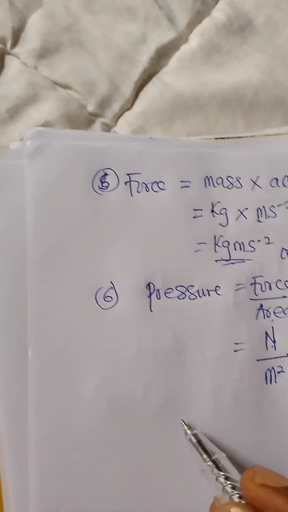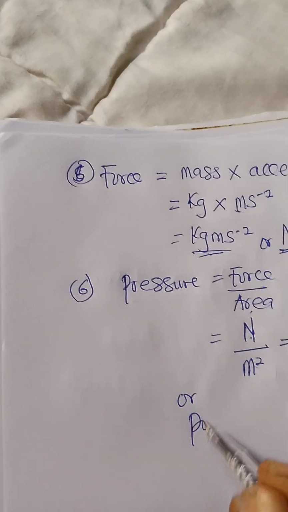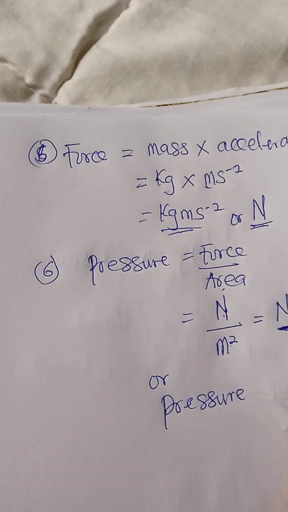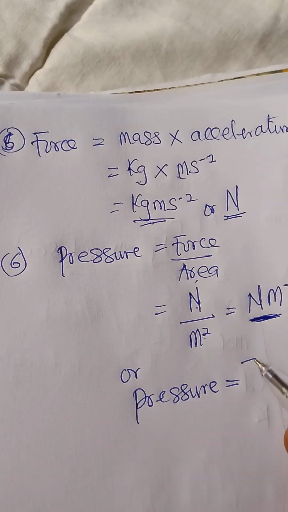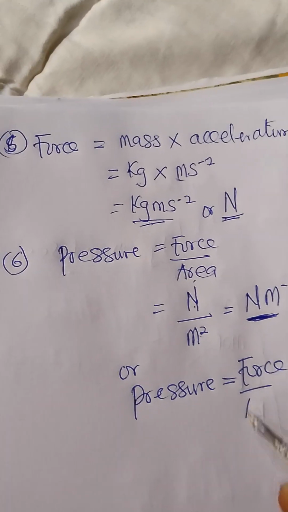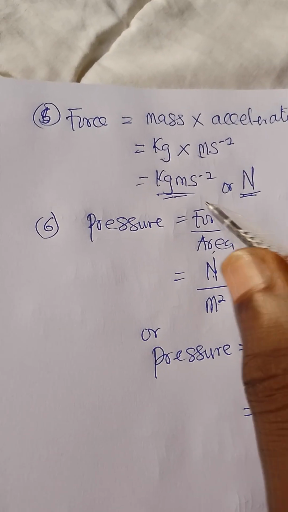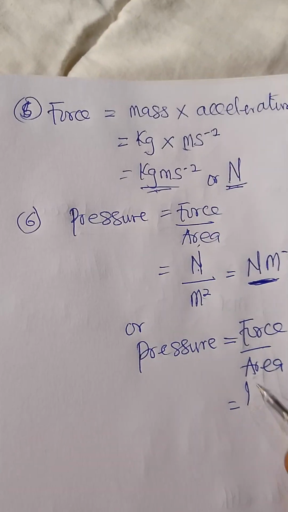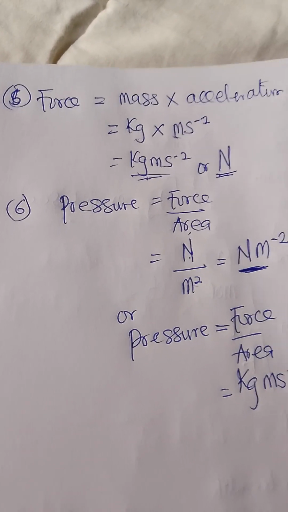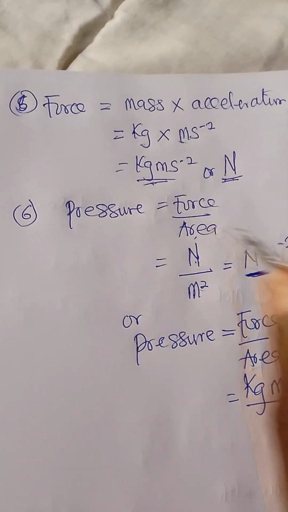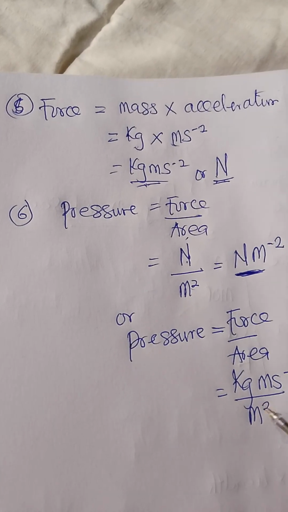Or I can say pressure is equal to force over area. So what do I have here? My force now, I'm going to use this instead of Newton. I'm having kilogram meter per second square divided by my area, which is meter square.